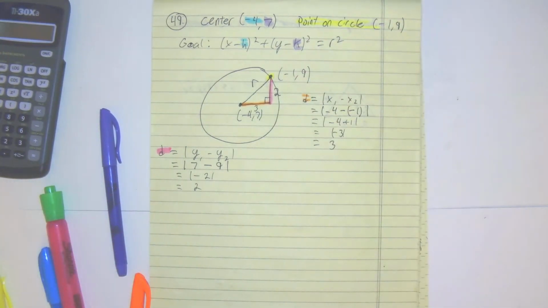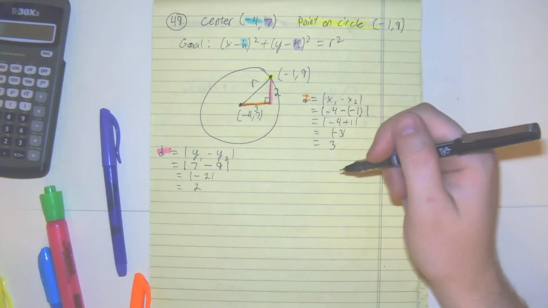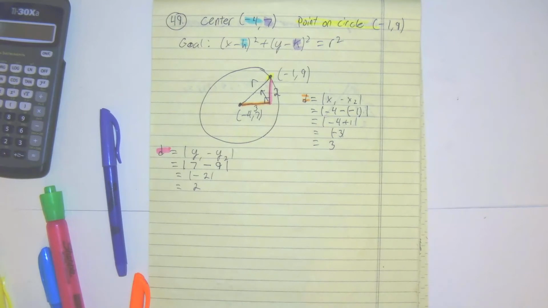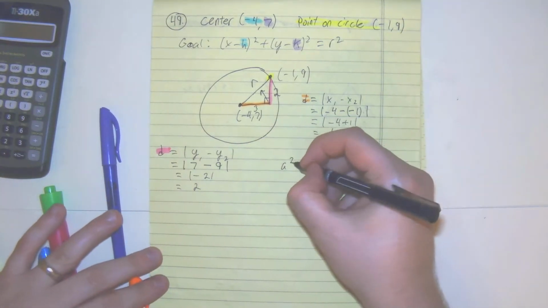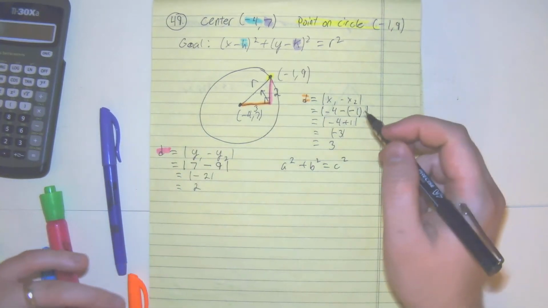So now we have the two distances here. We have a 3 and a 2. We can see that our radius will be the hypotenuse on this right triangle. Therefore, we're going to use the Pythagorean theorem. A squared plus b squared equals c squared, c being the radius.